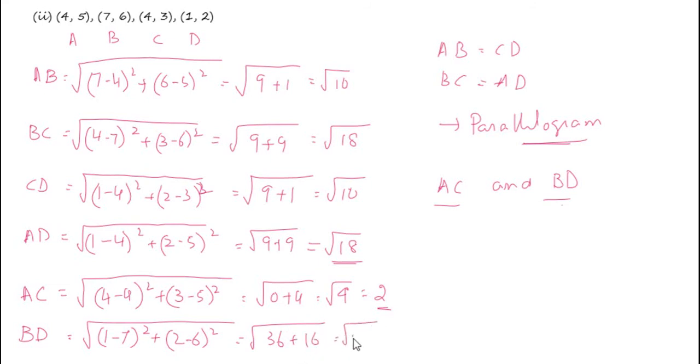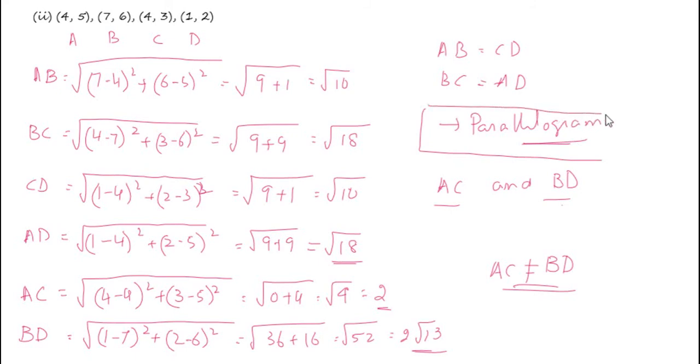This is square root of 52, which can be written as 2 root 13. Now here AC is not equal to BD, therefore this is not a rectangle, this is just a parallelogram.